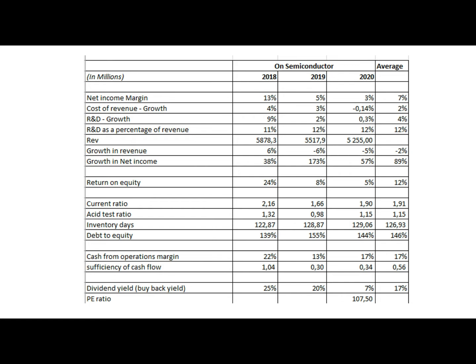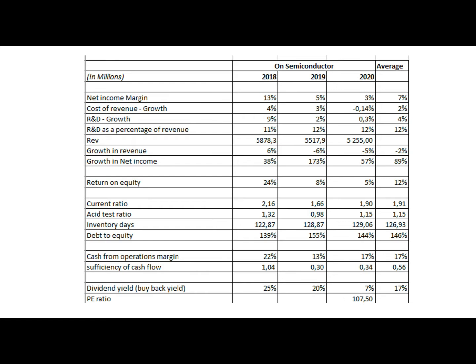Deterioration can be explained, in addition to the heightened competition, COVID as well just made everything a bit worse. Car manufacturers were not manufacturing cars or were suspending a lot of their production capabilities. So Onsemi did not have the luxury of selling as many semis as we would like it to. So the supply chain disruptions really wreaked havoc on its margin.